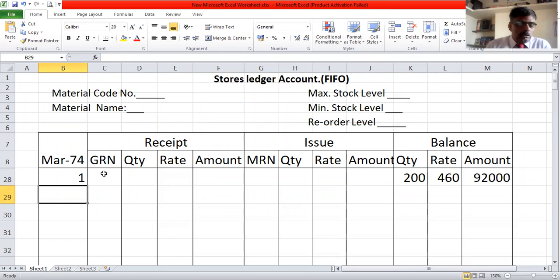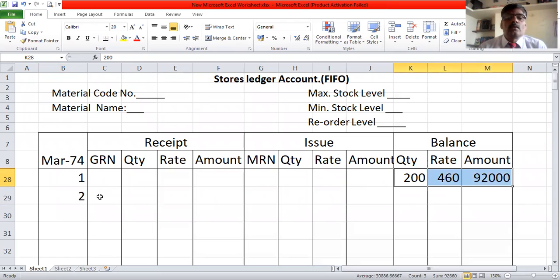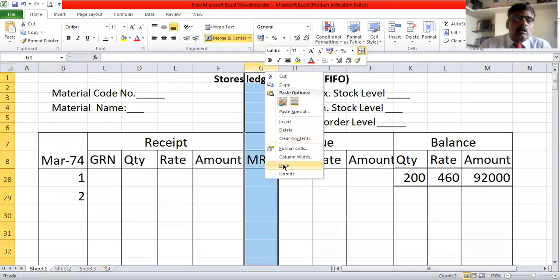Okay. Then 2nd March, there is an issue. You record, underline the balance column and enter the issue. Job number, issue to job number is not given. There is no need of this column.